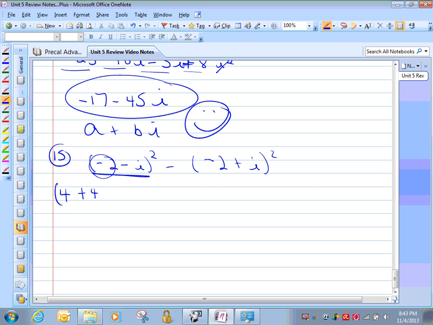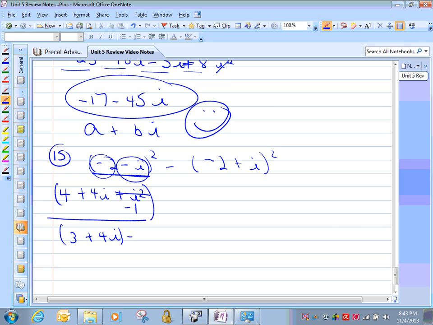So plus 4i. And then we would take the last term, negative i squared, which would be negative times negative, a positive i squared. But i squared would be negative 1. Okay, be careful. Let's go ahead and clean this one up. So 4 and negative 1 would be 3 plus 4i.